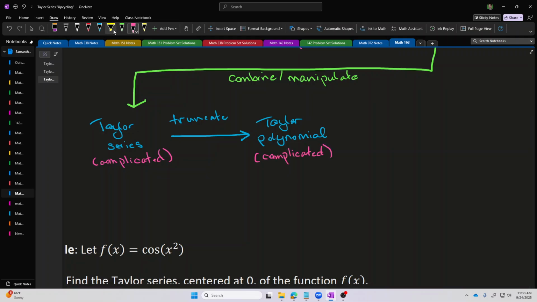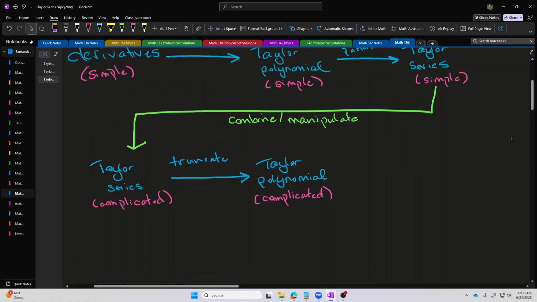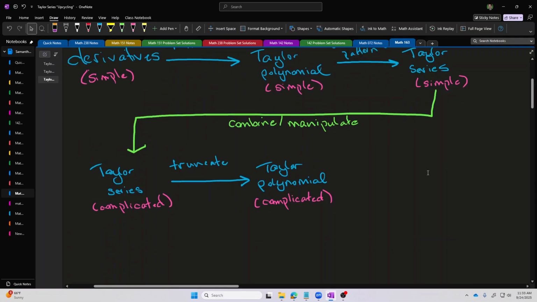And then, as you saw in problem set number 2, you can even go further, walking through this process backward, and use these Taylor polynomials as a way to find relatively complicated derivatives easily as well.